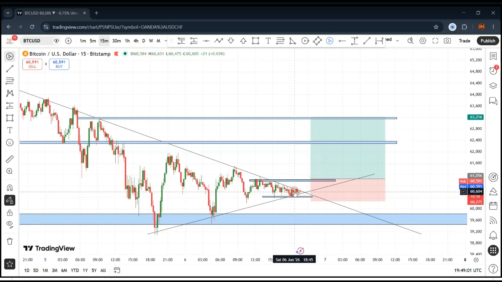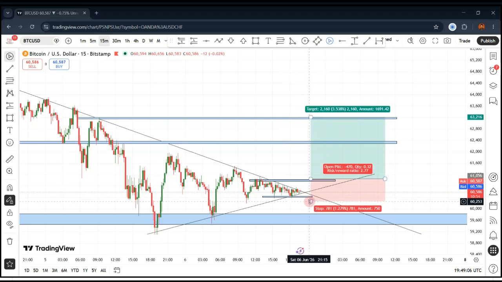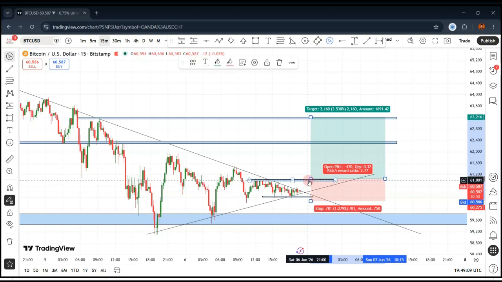And since I'm putting my stop loss below this zone, I just shift it a few pips away from it, and my take profit stays where it is. So this is a good risk to reward. This is a 15-minute time frame. On this trade, my stop loss is 73 pips.